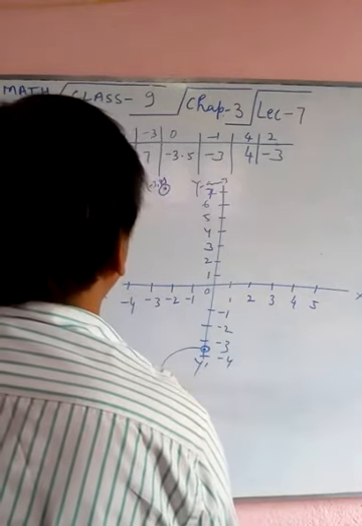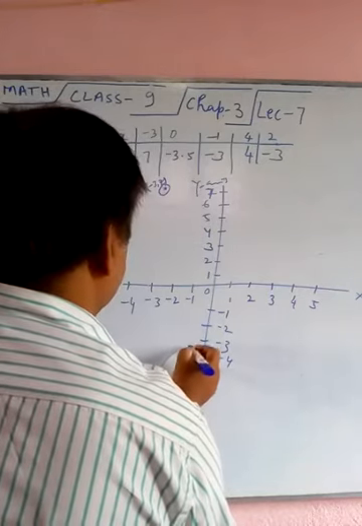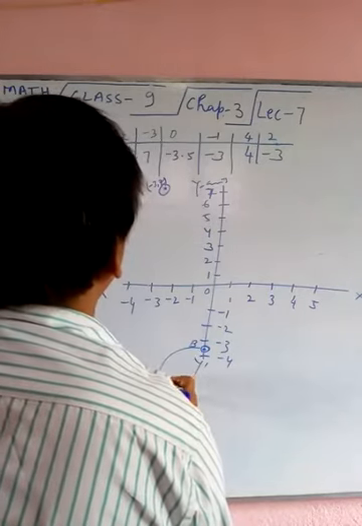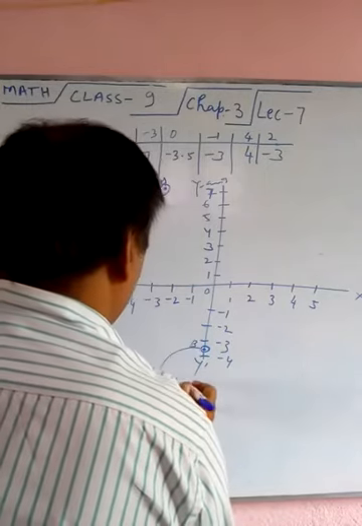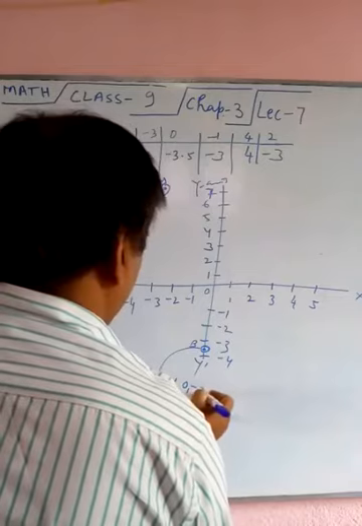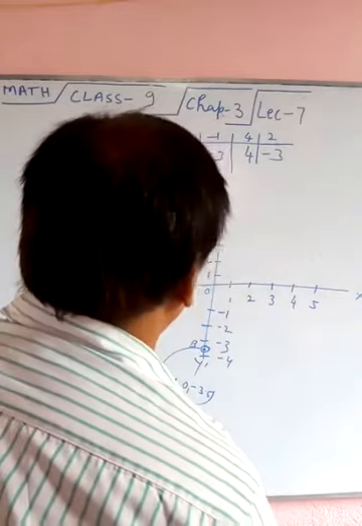So you can write here the coordinates. Suppose this is B, then B is 0 and -3.5. Next is -1, -3.